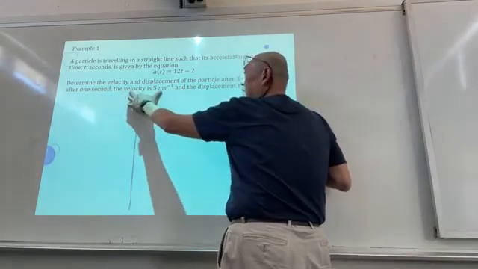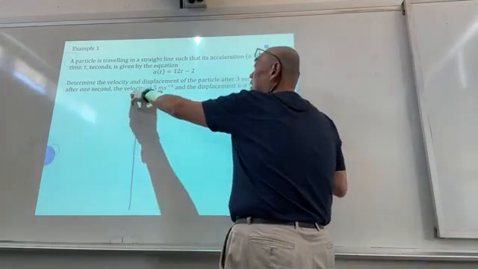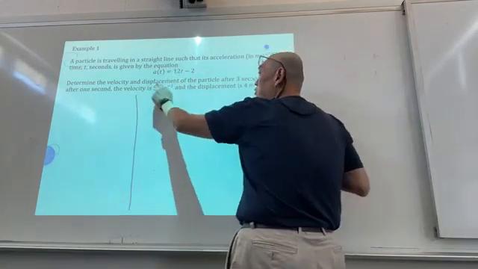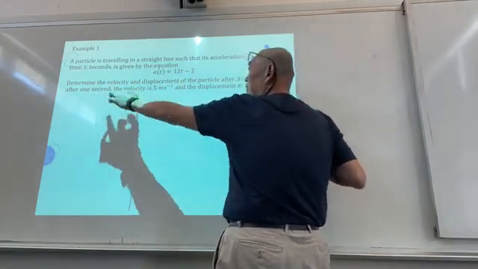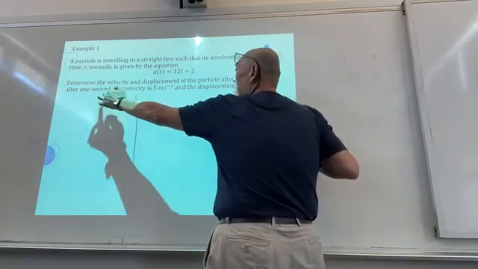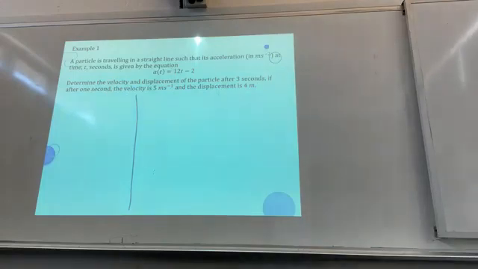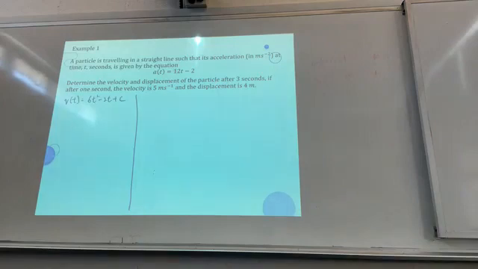After 1 second, the velocity is 5 meters per second, and the displacement is 4 meters. So you know that this is v(1), which is 5 meters per second, and x(1), which is displacement, which is 4 meters. Now, you need to actually go back and integrate the acceleration to get the velocity first.